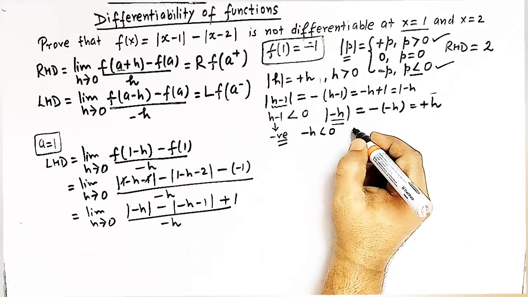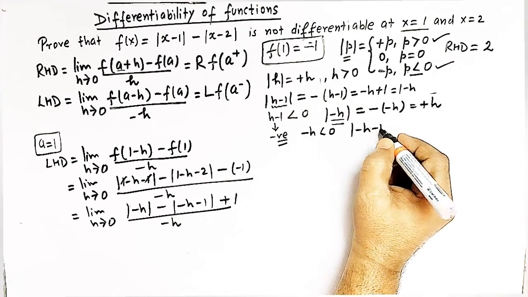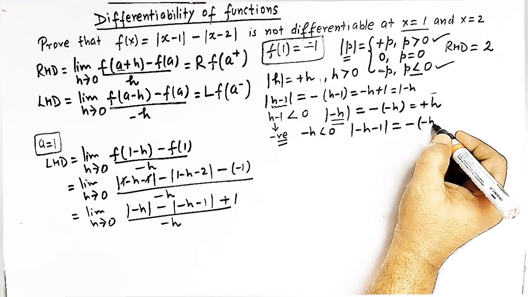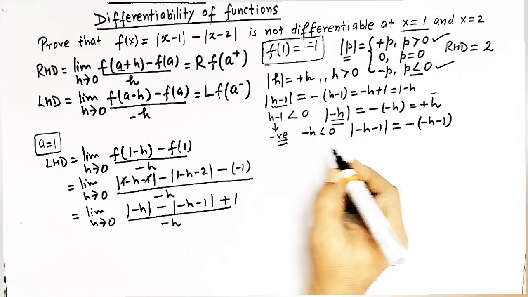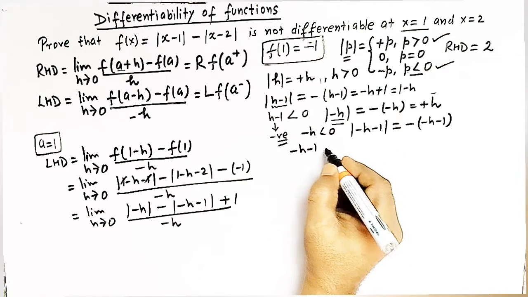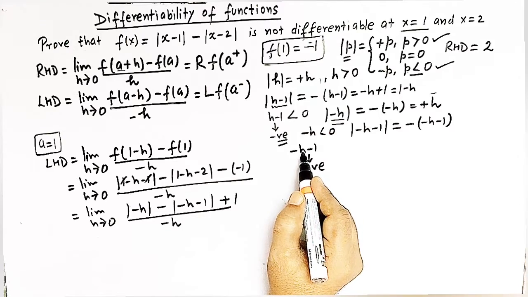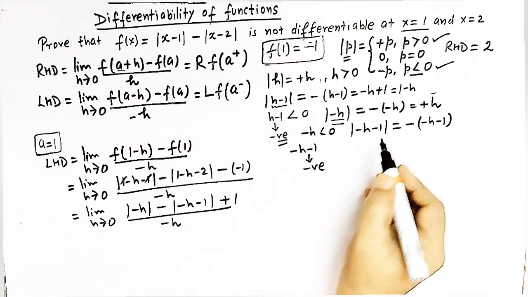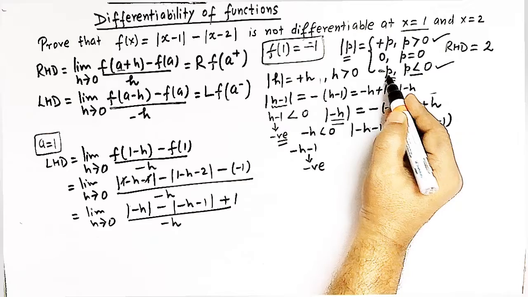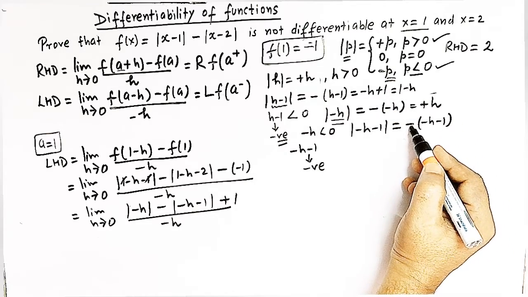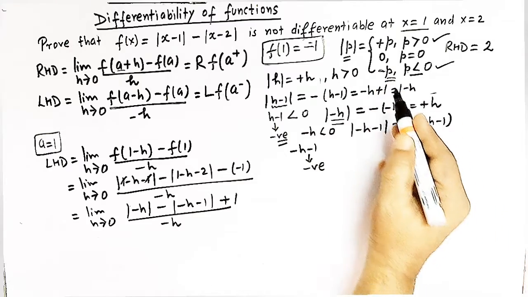And similarly here, mod of minus h minus 1 is given by negative of minus h minus 1, because this quantity, that is minus h minus 1, is a negative quantity, because here h is positive, right? So again, due to this definition, mod of minus h minus 1 is negative of p.